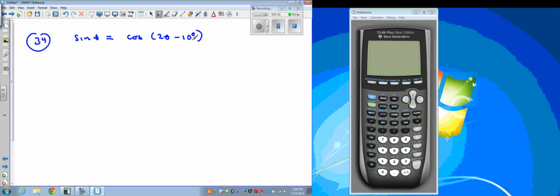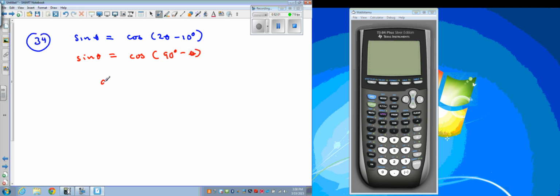Now, this is the thing that's a little tricky about this. If you wrote the sine of theta in terms of its cofunction, it would be cosine of 90 minus theta. But it's saying that sine is equal to cosine of 2 theta minus 10. So these two have to be equal, right? Yes.